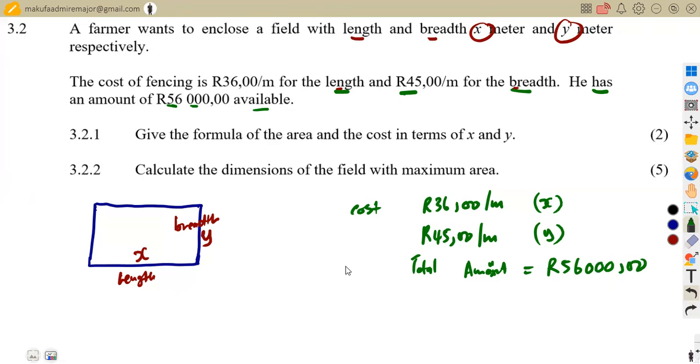This is the total amount he is having after finding that each meter costs 36 Rand for the length, and for the breadth 45 Rand.